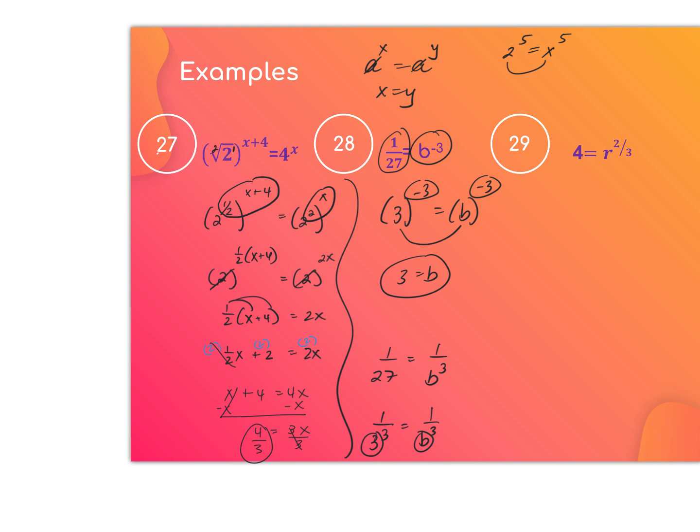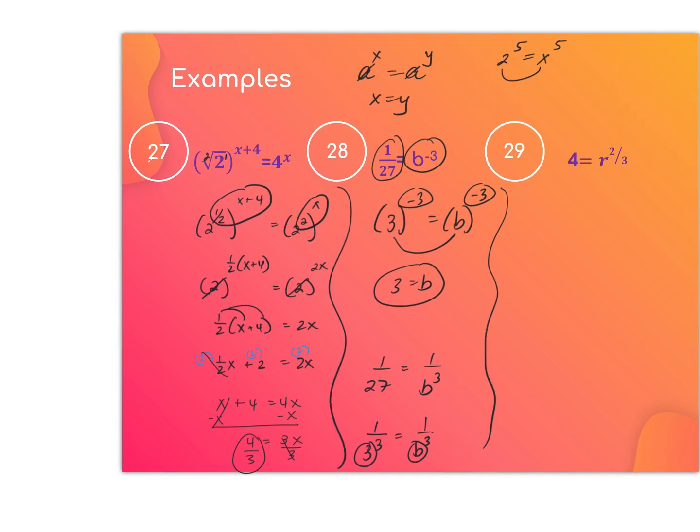Okay. The last one's a little bit different too, but it's kind of cool. What happens on this one is what I have right now is r to the 2/3 power. And so I'm not going to be able to get this base to equal r. That's just never going to happen, right? So what I could do is I could raise this side to a power that will eliminate that fraction.